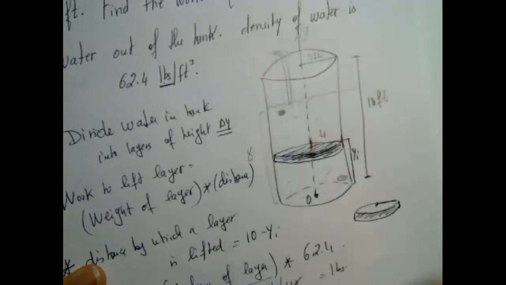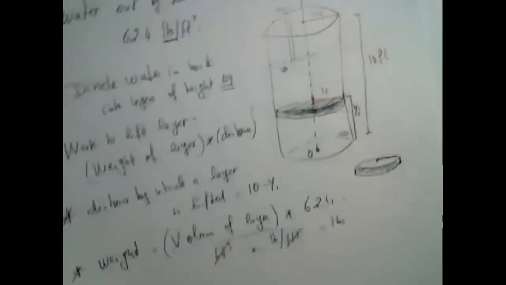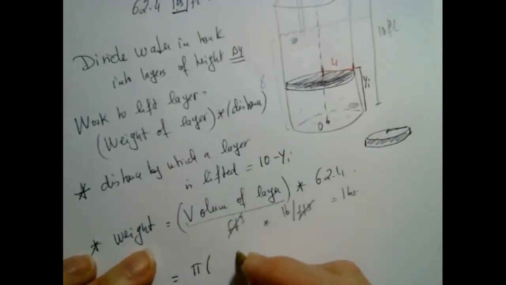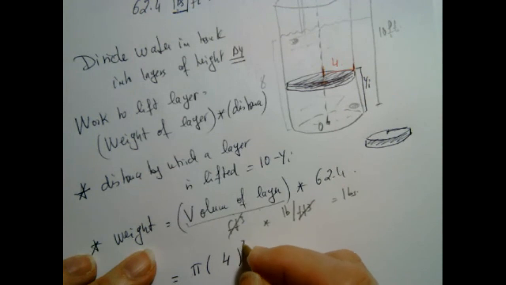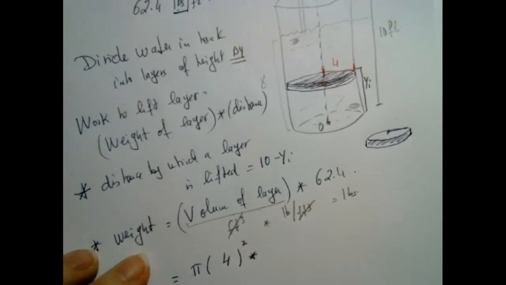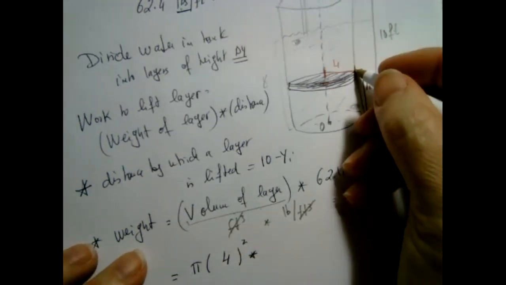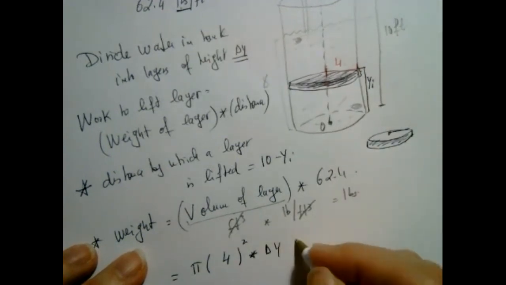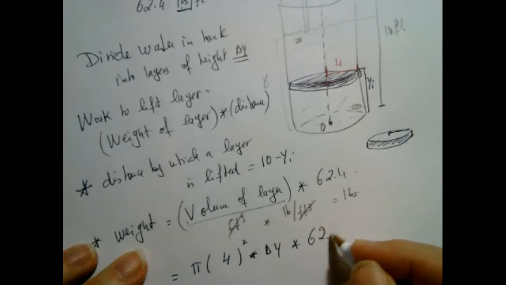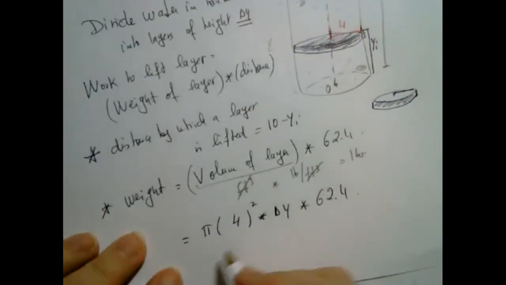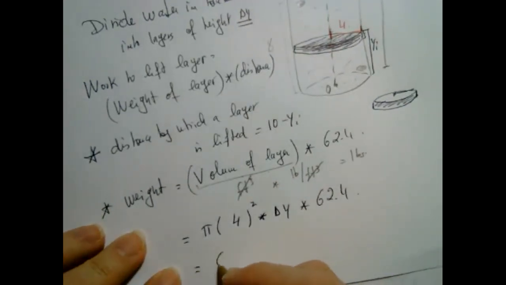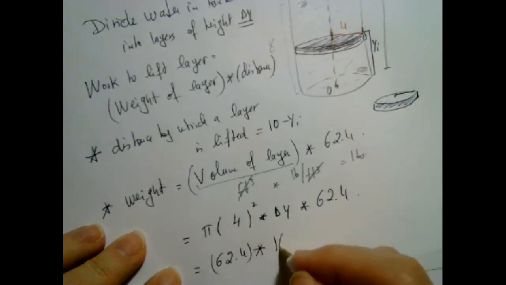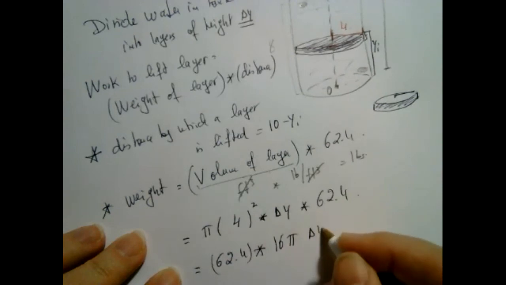It's the same radius because it's a cylinder. So the volume of the layer is pi times the radius squared times the little height of the layer, delta y, times 62.4. I can rewrite it as 62.4 times 16 pi delta y.